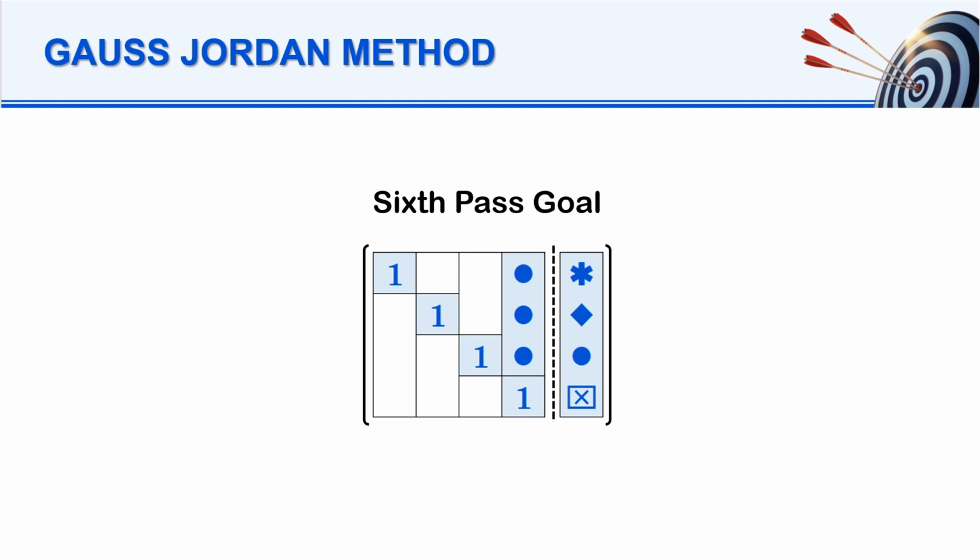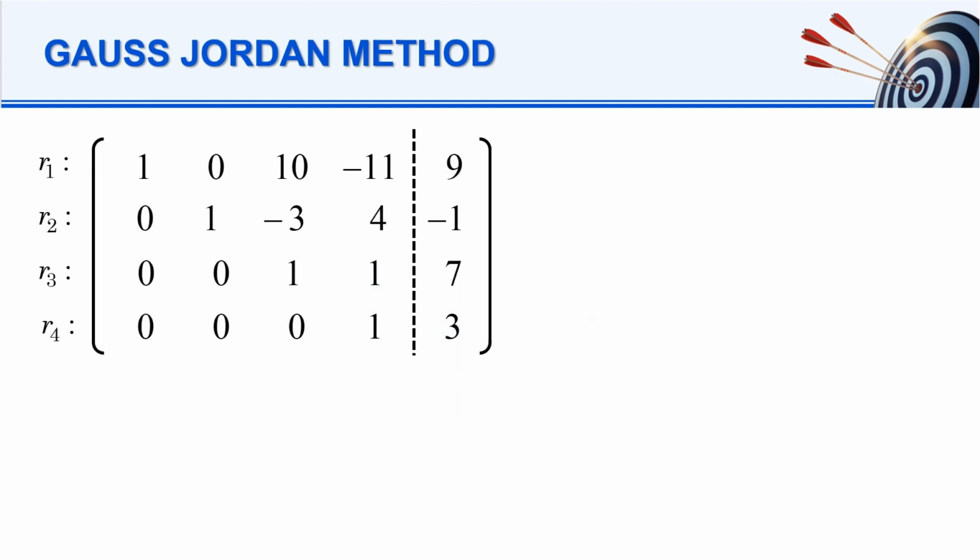The goal of the sixth pass is to zero out the 2 elements above the third column pivot. To eliminate 10 in the first row, we add minus 10 times row 3 to row 1, which eliminates the third element of row 1.